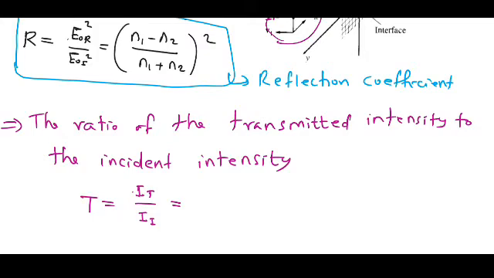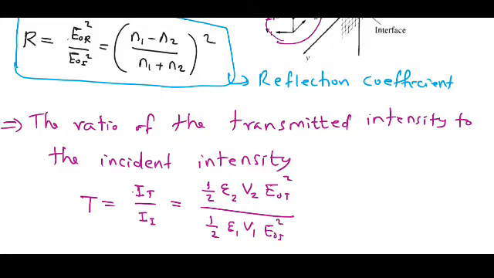The transmitted wave lies in the second medium, therefore I have to write epsilon 2 and velocity v2, E0T square, divided by half epsilon 1 v1 E0I square, since the incident wave lies in the first medium.